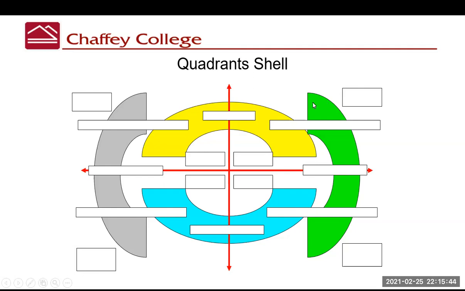There are also halves on this chart, and they're depicted by these small half circles. So you have a right and a left half, and you have an upper and a lower half. So those are just some physical features of this document you're working with. You'll see how it all plays together as we go along.